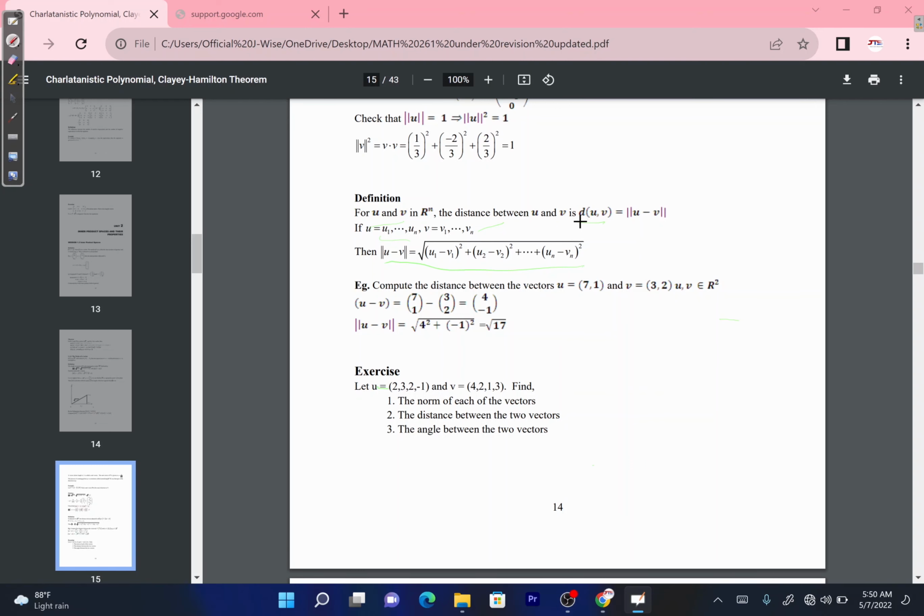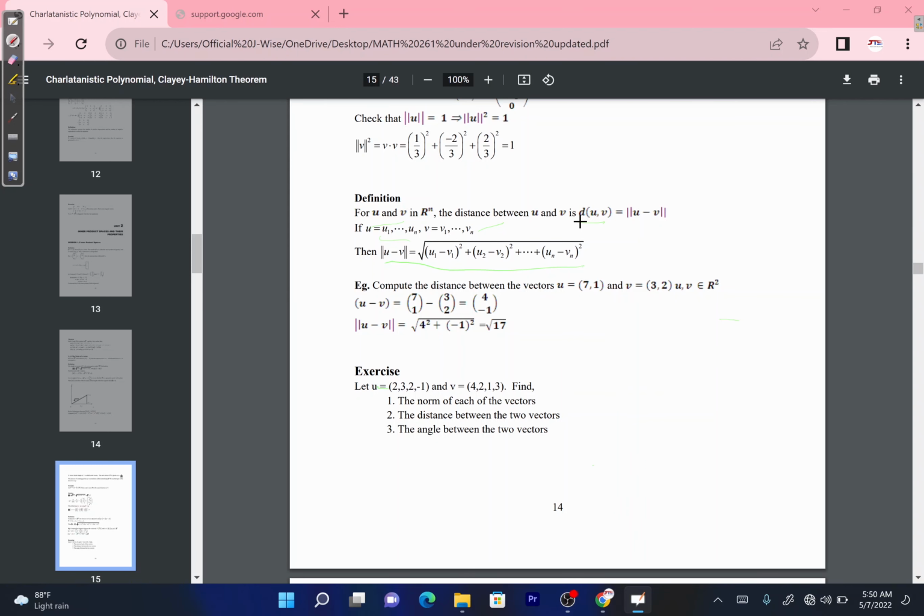I previously said that norm measures its distance from the origin, whereas metric measures its distance between two points, or between two vectors.